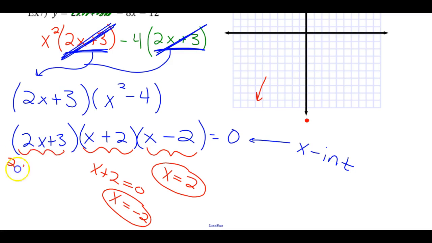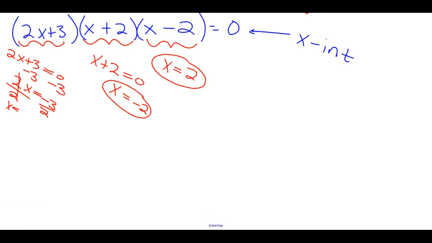If you set 2x plus 3 equal to 0, and set that factor equal to 0, you'd have to subtract 3 over. And then you'd have to divide by 2, right? So therefore, x equals negative 3 halves. What's that decimal? Negative 1.5.